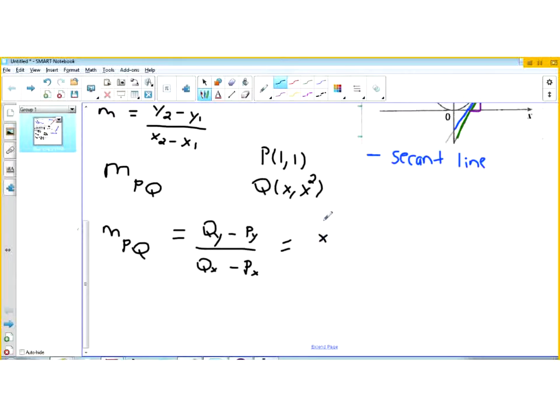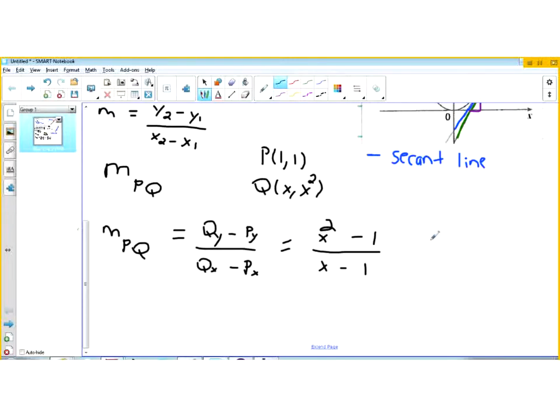So the ordinate of Q is x squared, and the ordinate of P, of course, is 1. The abscissa of Q is x, and the abscissa of P is 1. So there we have a function for the slope of the secant line.